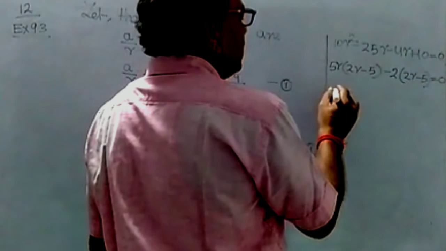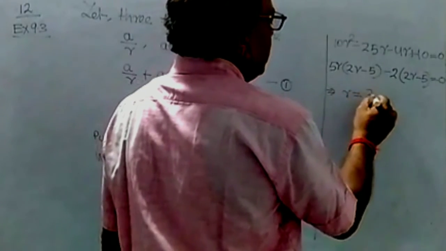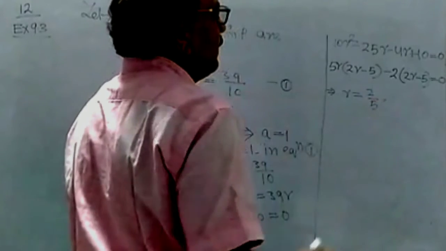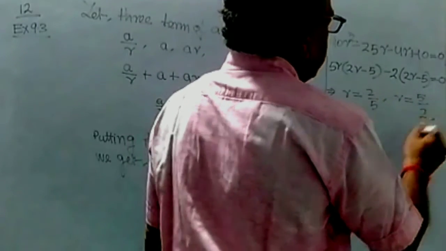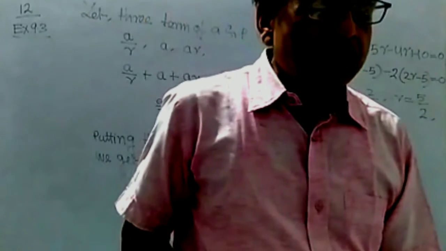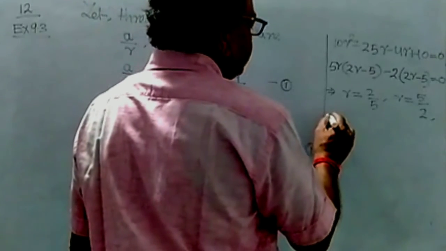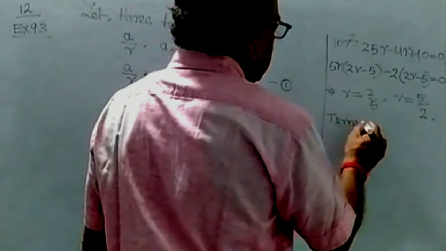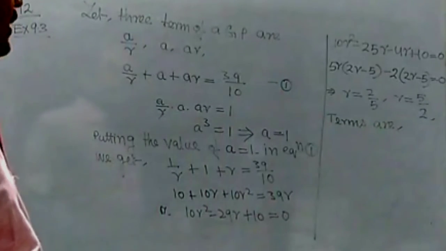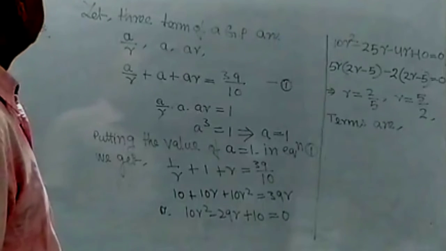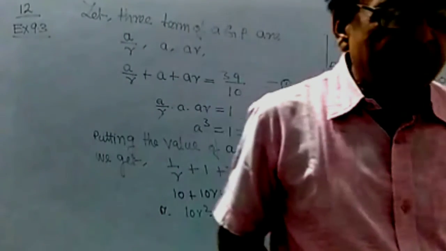From this it implies that r equals 2 by 5 and r equals 5 by 2. If r equals 2 by 5, then the three terms are: first term a by r equals 1 upon 2 by 5, which is 5 by 2, then 1, and 2 by 5.